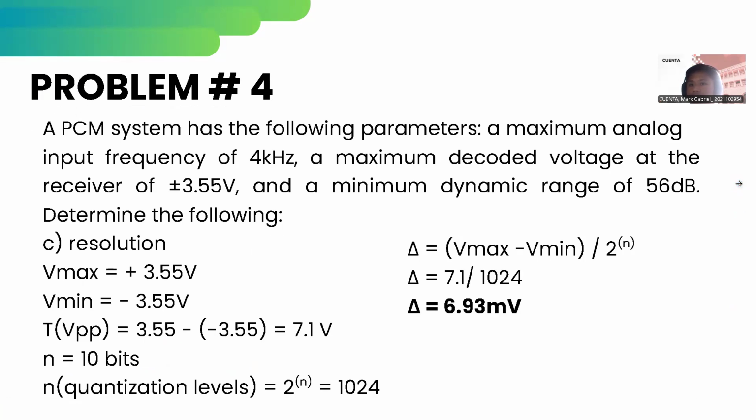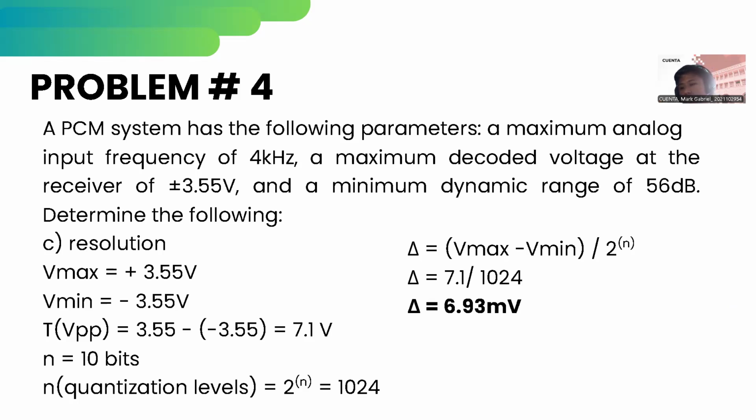Next is the resolution. So the Vmax is positive 3.55 volts, and the Vmin is negative 3.55 volts. Then the total volts peak to peak is 3.55 minus negative 3.55, which is equal to 7.1 volts. n is equal to 10 bits, and the number of quantization levels is equal to 2 raised to n, wherein n is equal to 10.